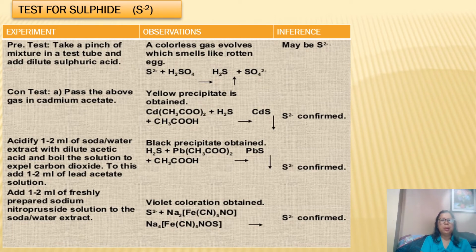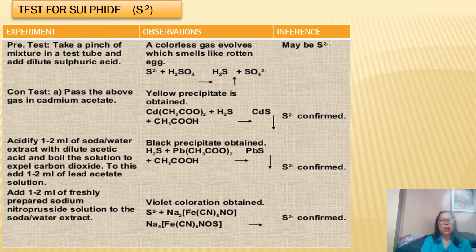if you boil the mixture of the unknown plus dilute acetic acid and expel carbon dioxide or a certain distinct smell, and then upon the addition of lead acetate it forms a black precipitate, then sulfur is present.